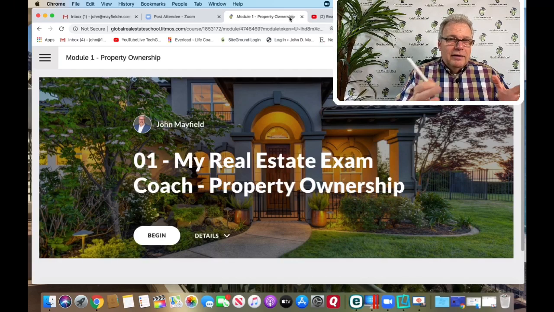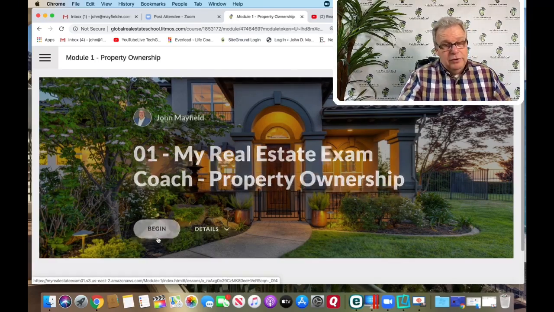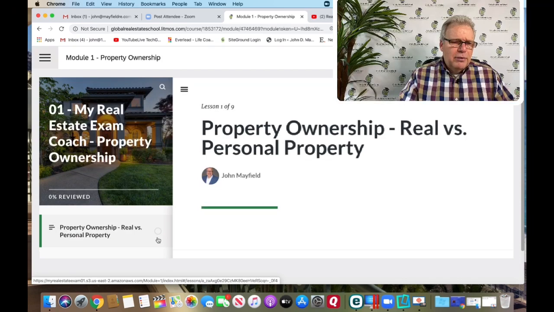I love to be able to look in the camera and pretend like you're there and I'm coaching and talking to you, but I'm going to hit the begin button. And again, this is ideal to use on your mobile phone. And I'm going to go through some of these concepts. This is broken down by the sections of the exam.